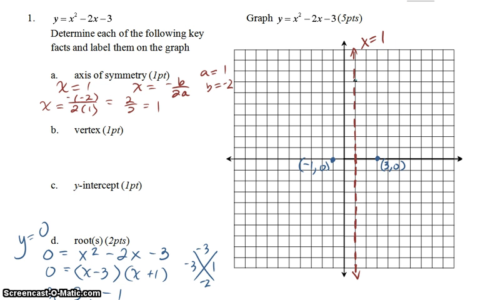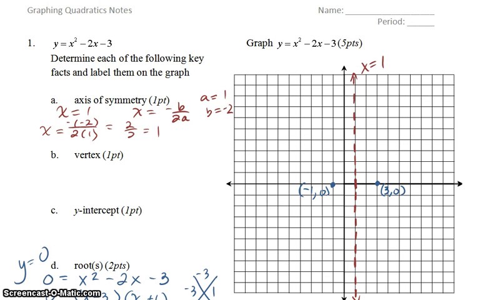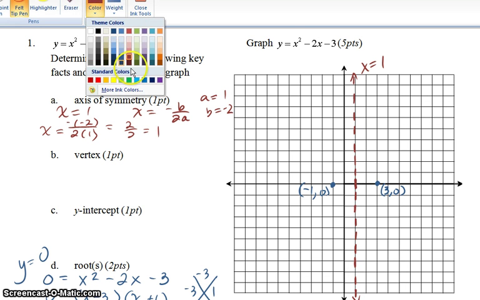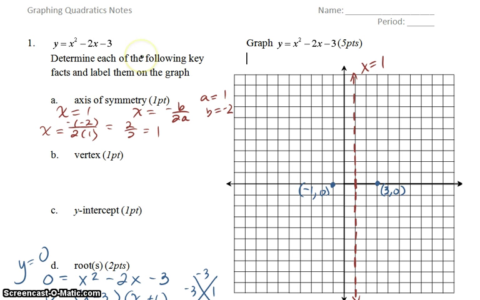And the next thing it asks for is the vertex. In order to do that, we're going to take the axis of symmetry and plug it in. So we're going to take our equation, y equals, and replace x with 1.